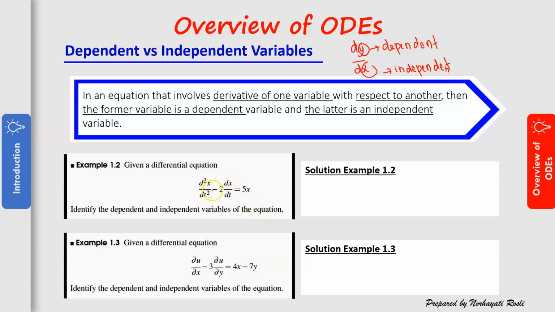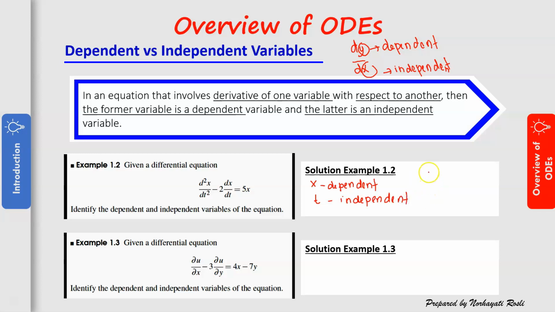Now we have two variables, which are x and t. If we refer back to this definition, this differential equation has a derivative of x with respect to t. It means that here x is the dependent variable and t is the independent variable.